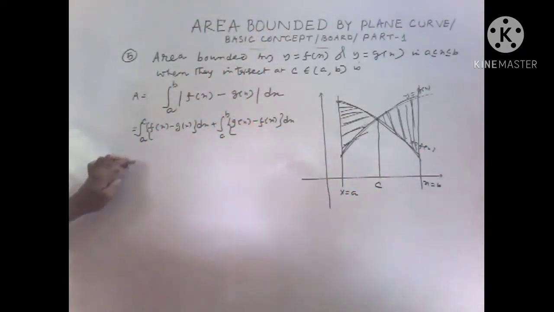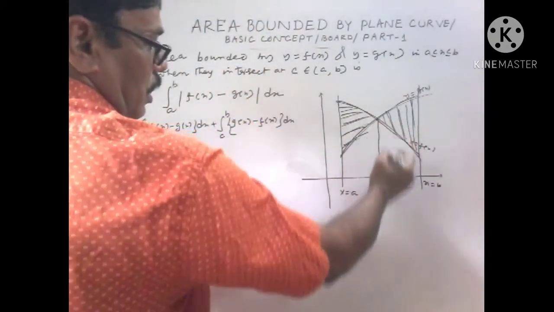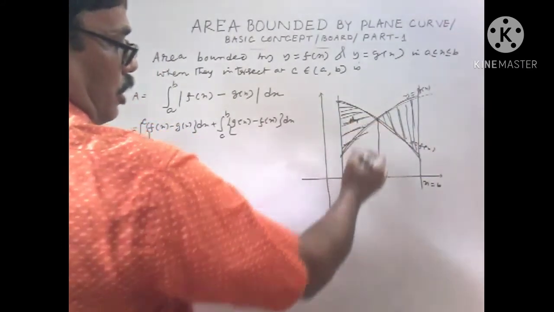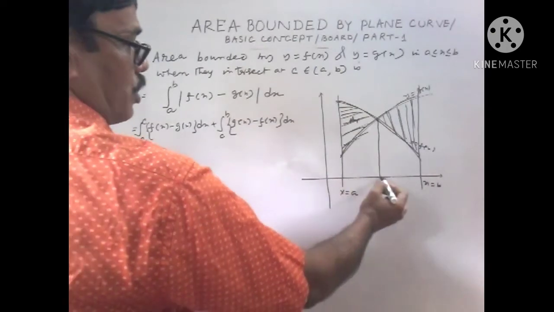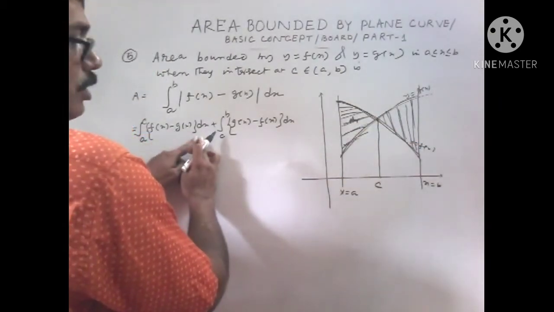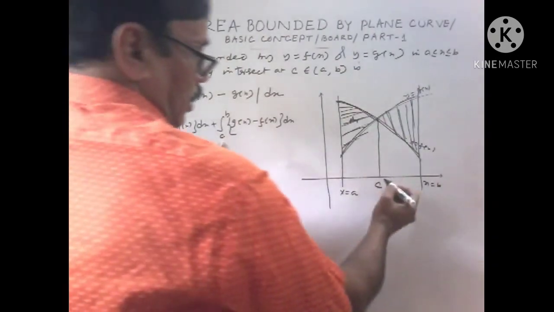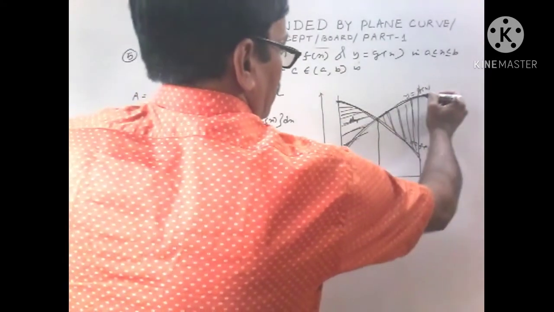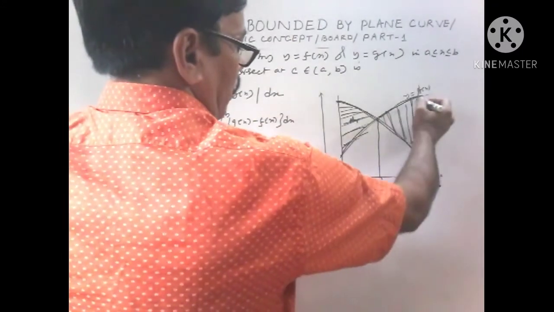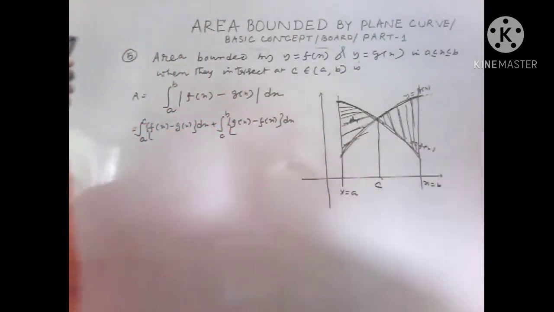So what is the area of this part? This is A1. So integration a to c, this curve is above, so f(x) minus g(x), plus, for c to b, g(x) is above, so g(x) minus f(x).